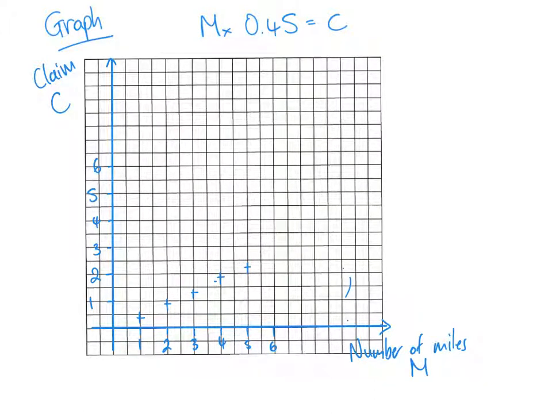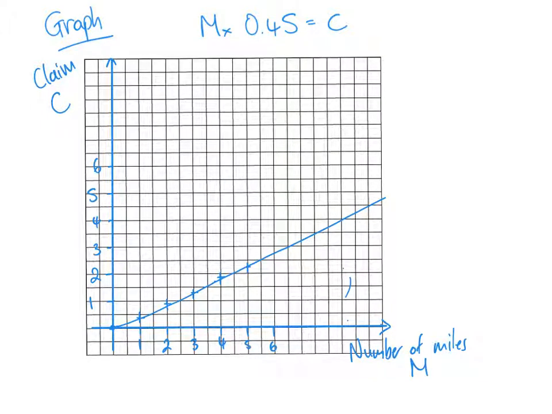So what these make is a linear relationship. If we go no miles, then we make no claim. So we also go through 0, 0. And depending on how well I've plotted it, these join up with a nice straight line. So when we're looking at this, key features of the graph line up with key features in the equation.